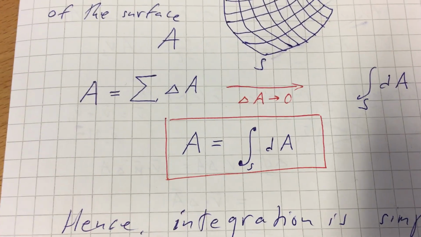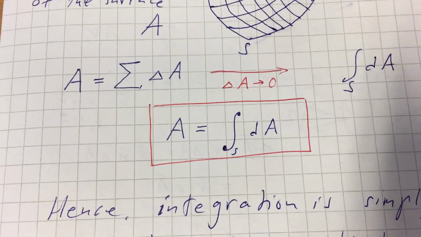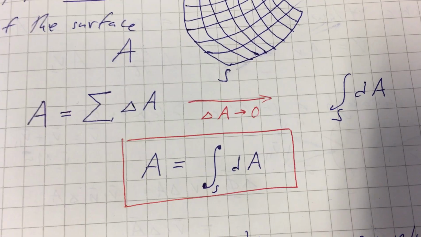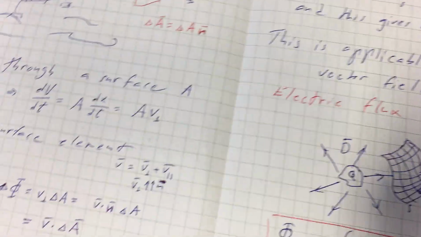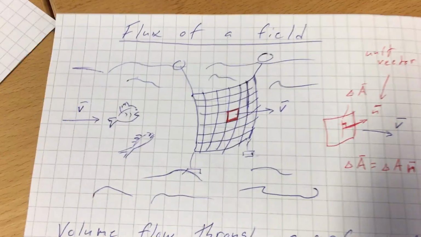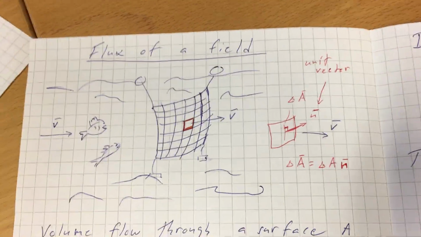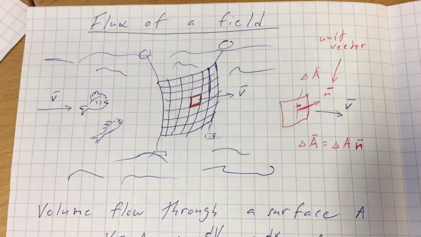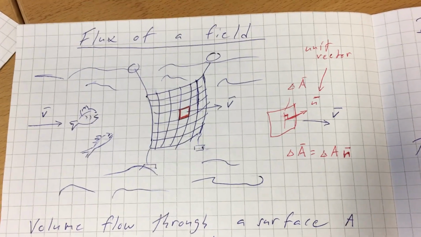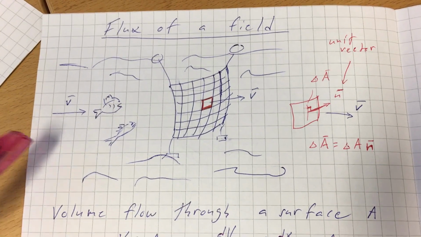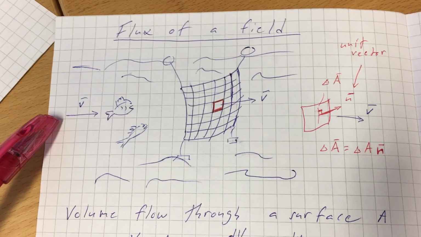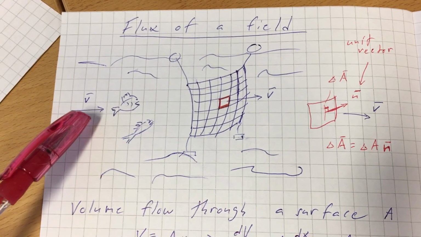So let's develop this idea further and look at the concept of flux of a vector field. So how to define flux of a vector field? Let's take a practical example. We have here a river flowing with a velocity v.